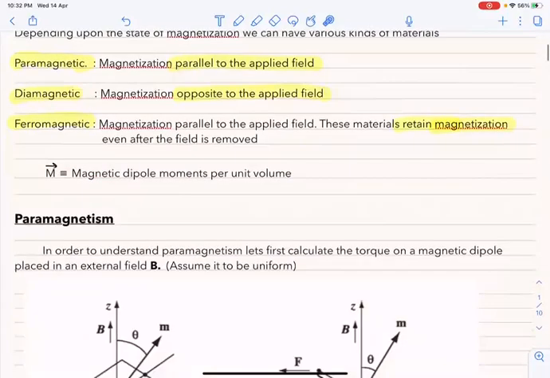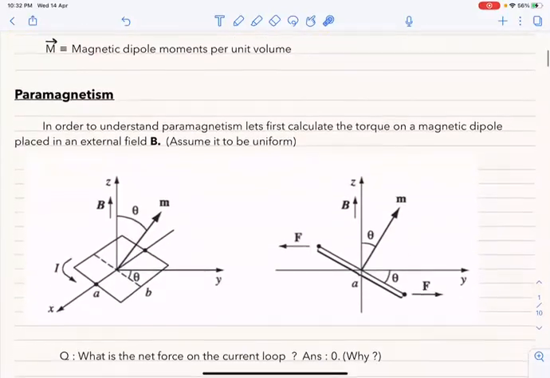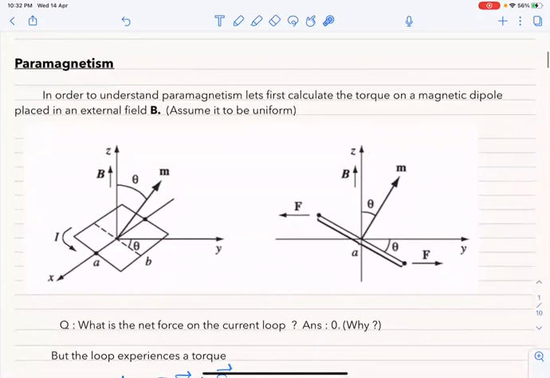Now let's discuss paramagnetism. If you want to understand paramagnetism, we should first understand what happens to a dipole in a magnetic field, whether it experiences a force or a torque. We should know that first, because only then can we talk about the alignment of the dipoles.